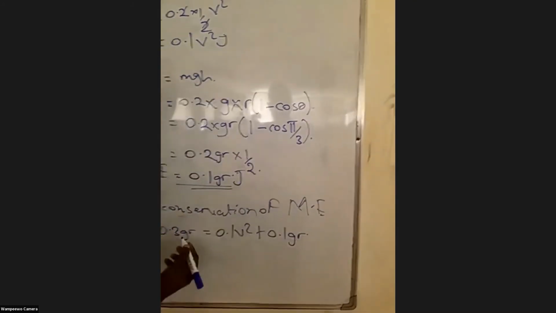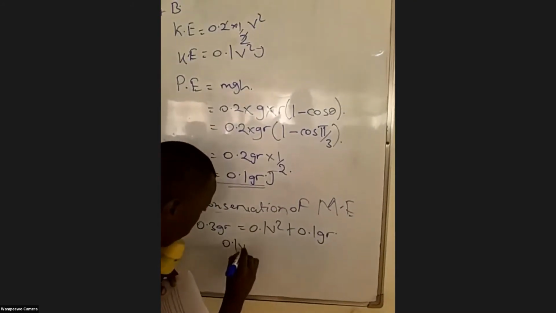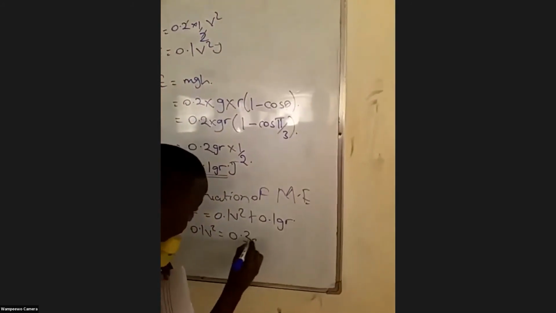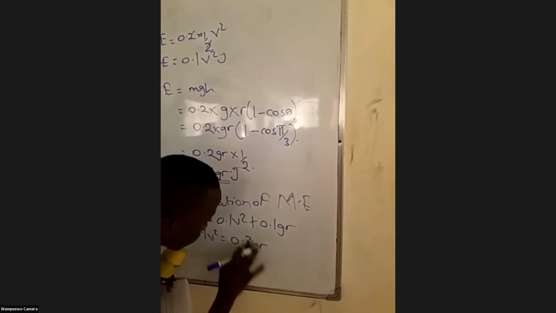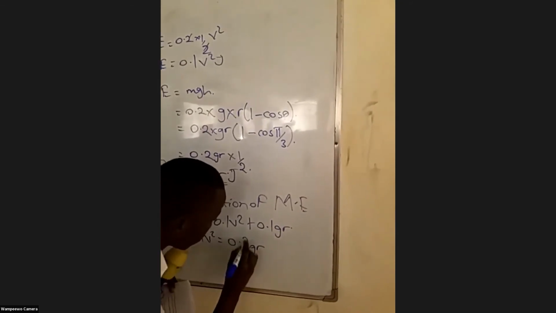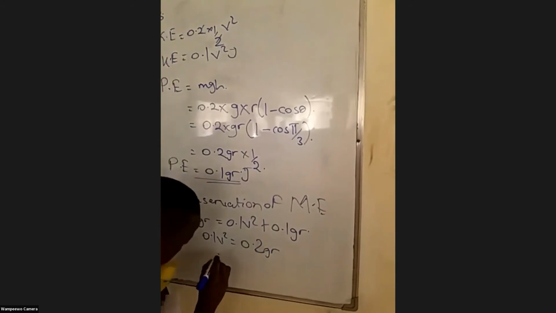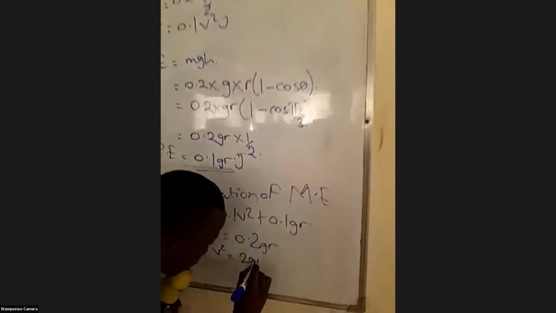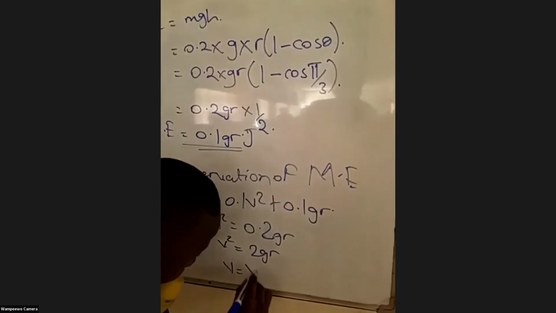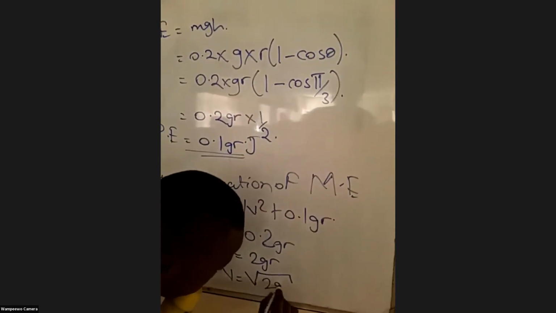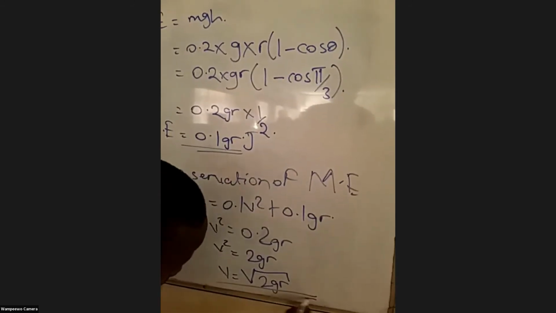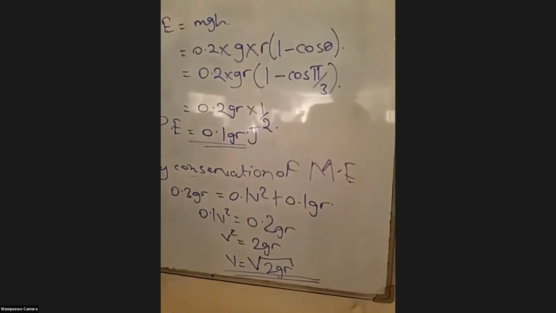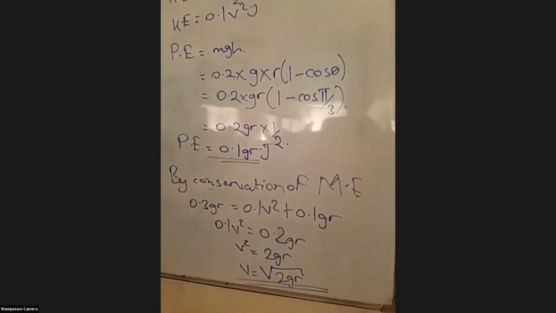You can take this gr this side, so I have 0.1v squared equal to 0.2gr. We divide through by 0.1. I'm going to have v squared equal to 2gr. Therefore, v is root 2gr. That will be the speed at a point situated around the sixth way.